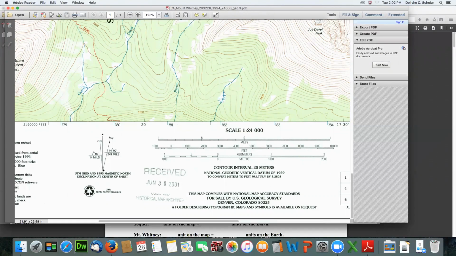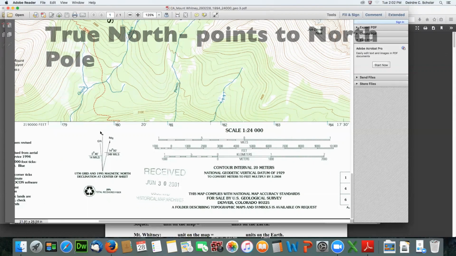You will recall that all of these maps are oriented with north going straight up on the sides of the maps. So that straight up line in the middle with the star on it represents the North Star or Polaris, with which our North Pole is oriented. So that one right there represents true north.